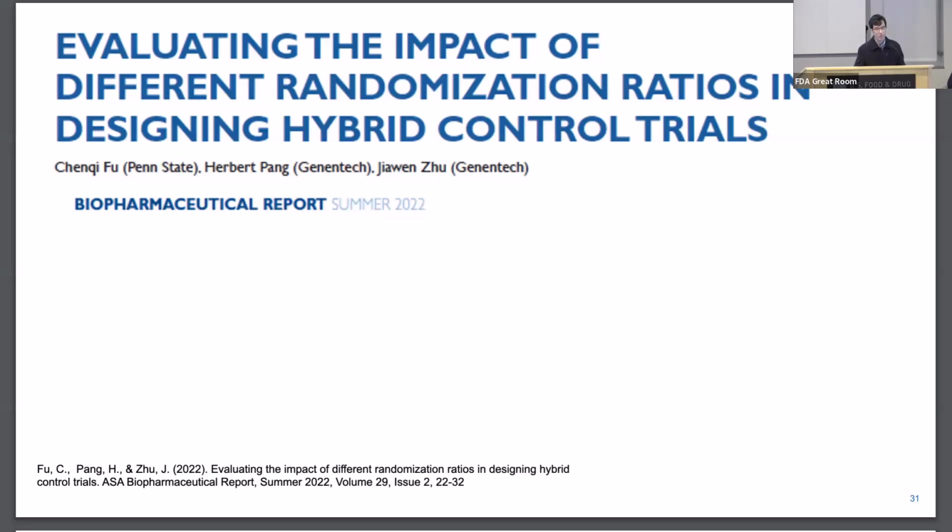In this paper, I won't go into all the detail, but essentially for a scenario very similar to the CID case, we tried to understand the impact of the various parameters on, for example, the internal and external control ratio. We discovered that the internal-external control ratio is one important aspect, but the randomization ratio can also affect how the operating characteristics behave in terms of type 1 error and power. This work is published in the ASA Bio report.